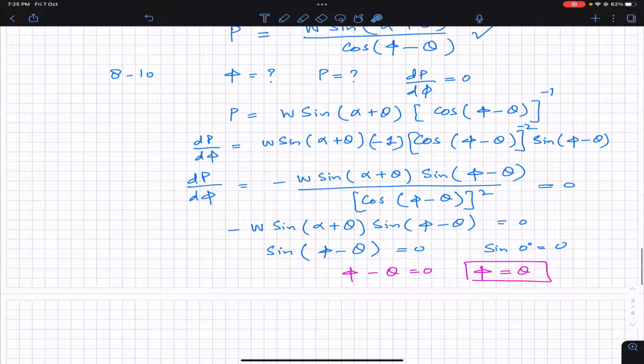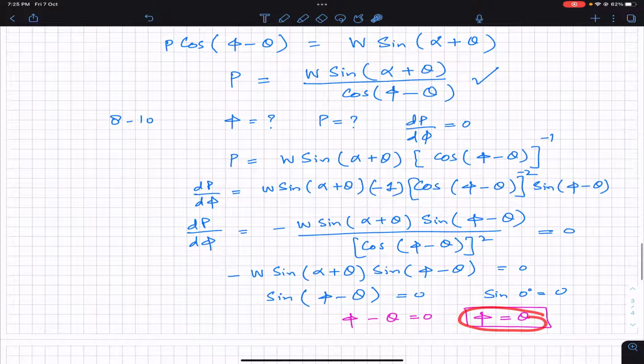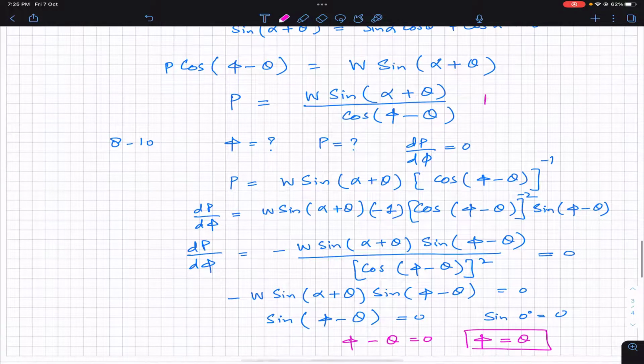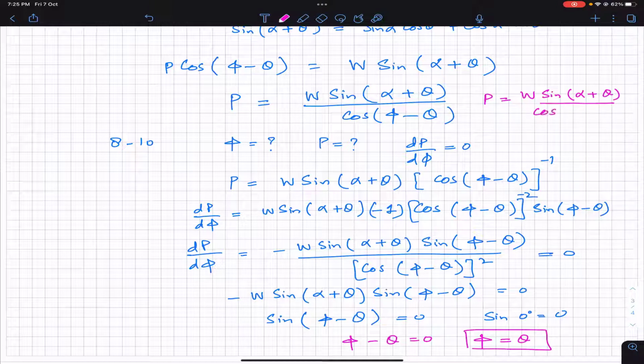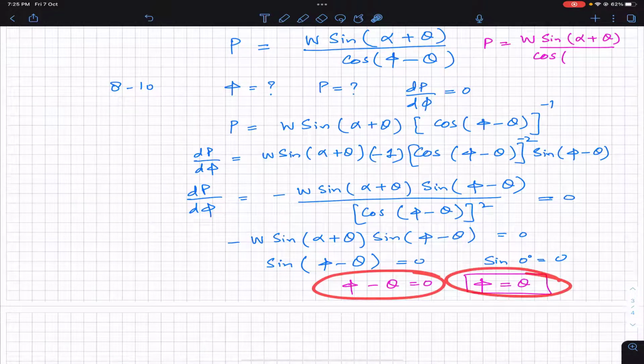Now if we substitute phi equals to theta in this equation, we can write that P is equal to W sine of alpha plus theta, and in the denominator we have cos of phi minus theta, which is equal to 0 according to this condition.